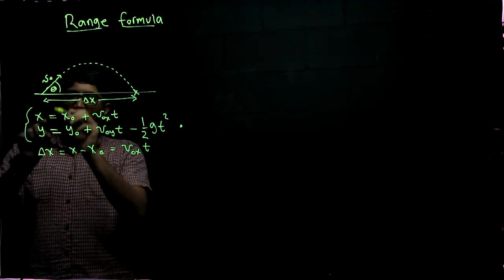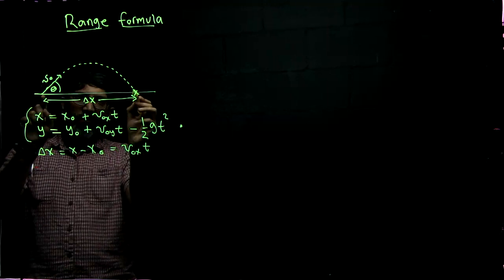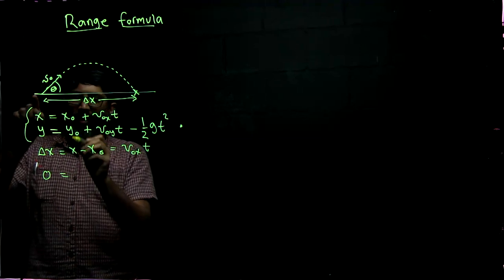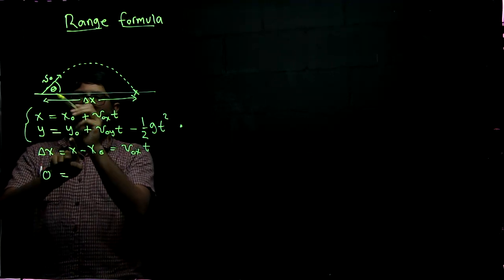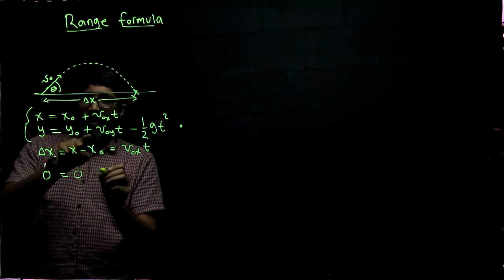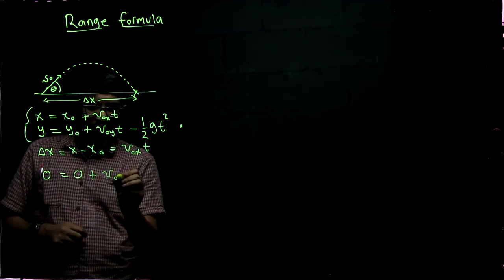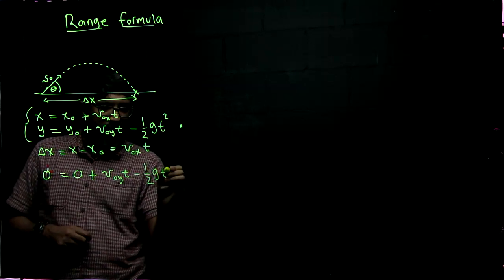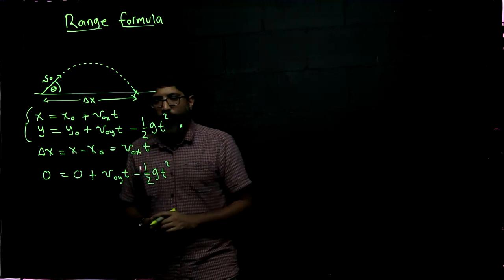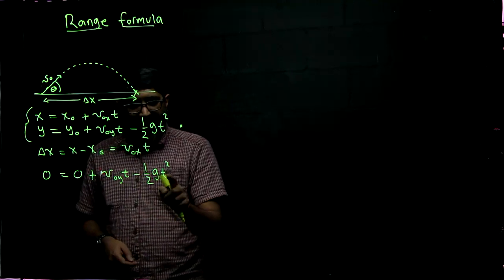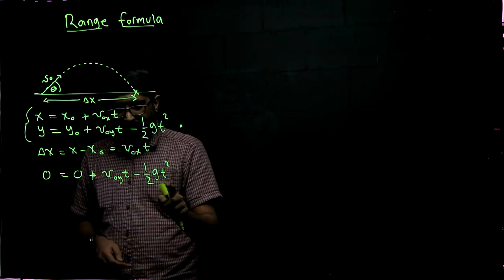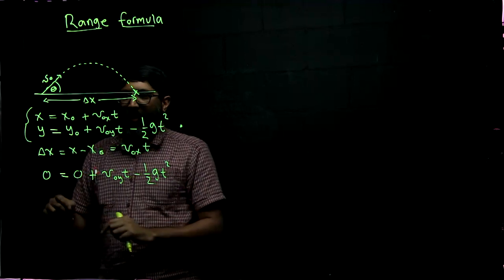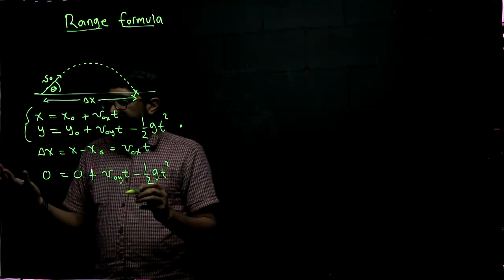The final position y at the end of the trajectory is 0. So I have 0 equals the initial position, which is also 0, plus v0y t minus 1/2 g t squared. Now there's a factor of t here and a factor of t squared here, and this is all equal to 0. So I can divide both sides by one factor of t, and 0 over t would still give me 0.